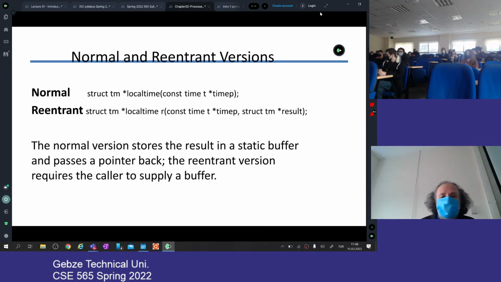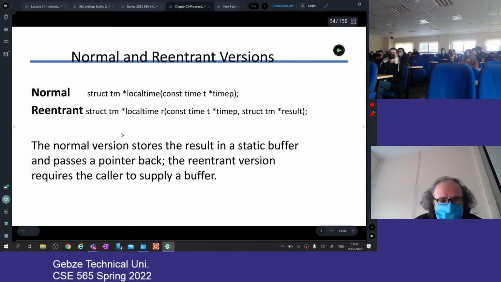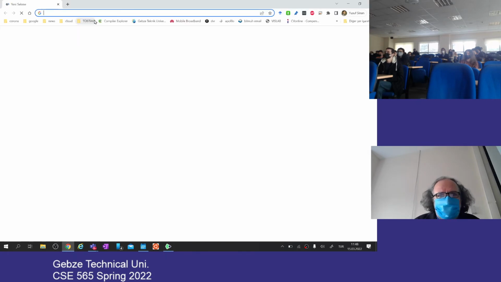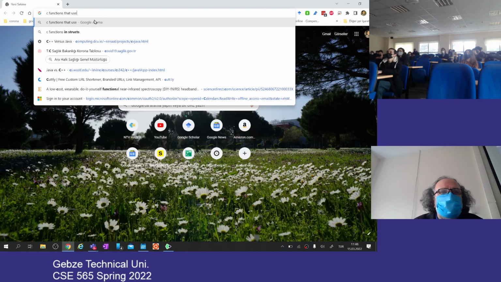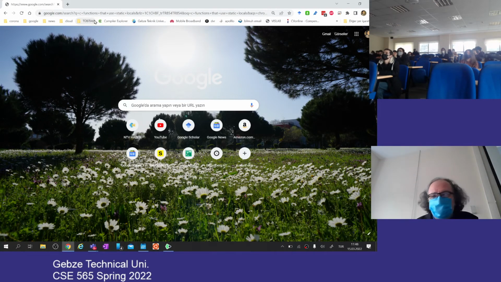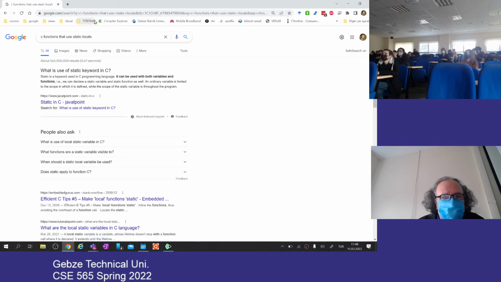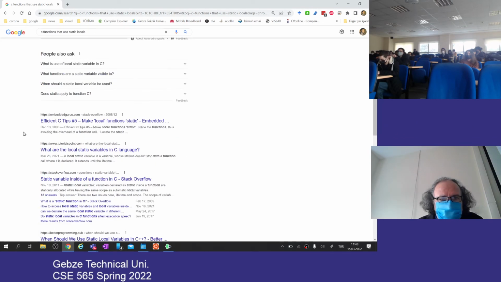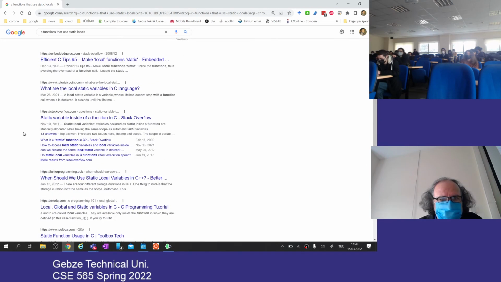As I said before, I am sure there are lists of C functions that use static locals. What is the use of the static keyword? What are the local static variables inside a C function?